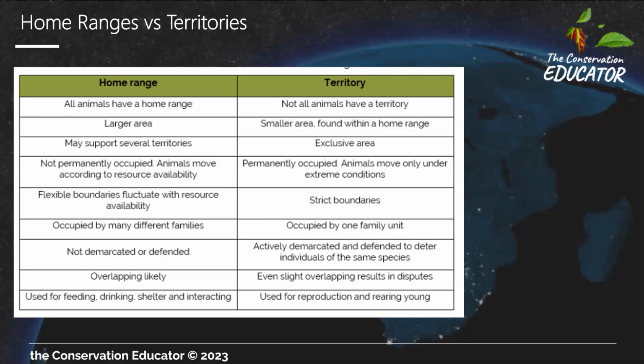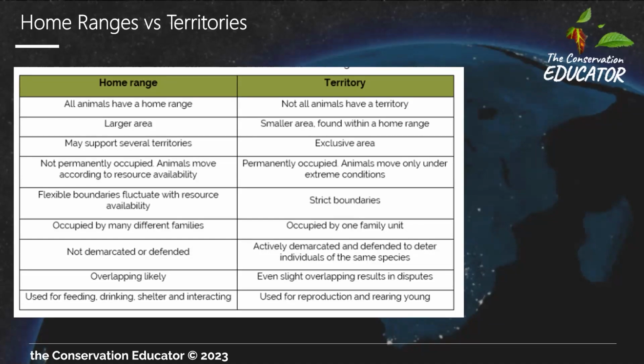There can be many different families within that home range. I don't defend it. I don't mark it out. It's just generally where I'm likely to be seen. But I use it for feeding, for drinking, for interacting with others of my own species, and I use it to find shelter. On the other hand, a territory, only territorial animals have a territory.